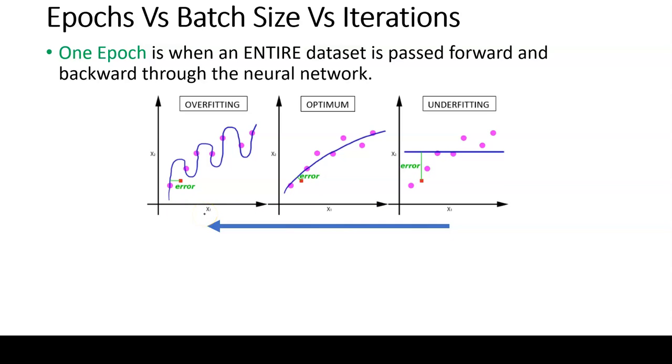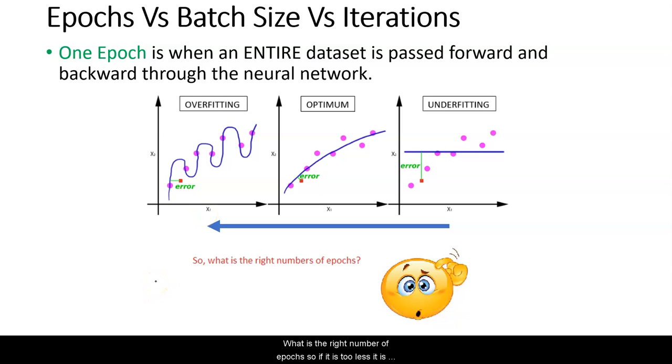So again there comes the question, what is the right number of epochs? If it is too less, it is underfitting. If it is very high, it overfits your model. So you will be wondering, what is this right number of epochs?